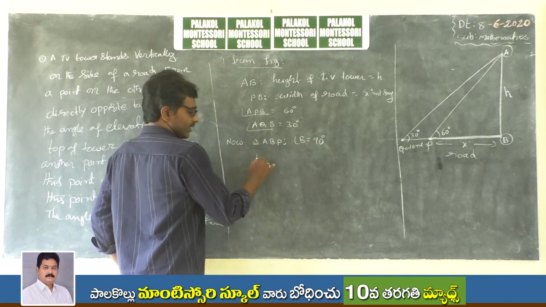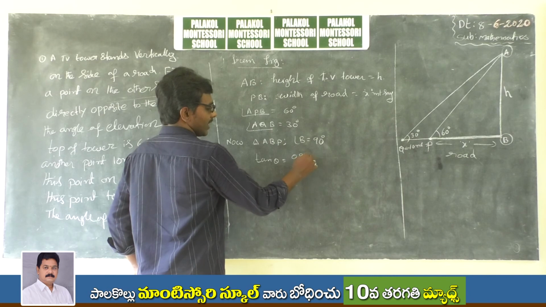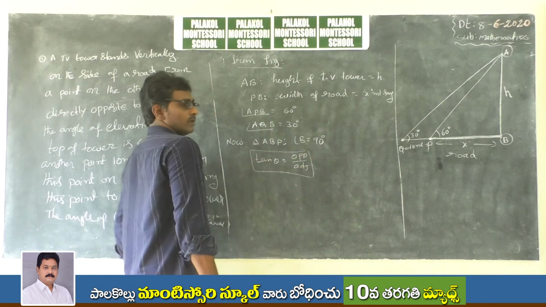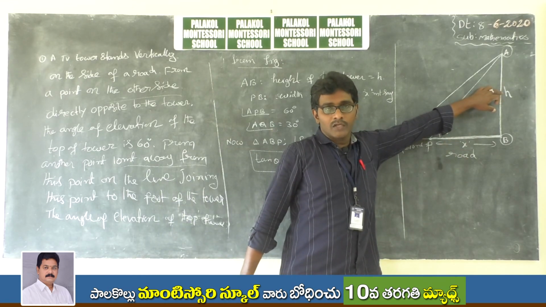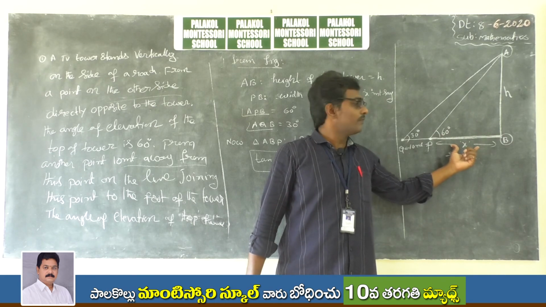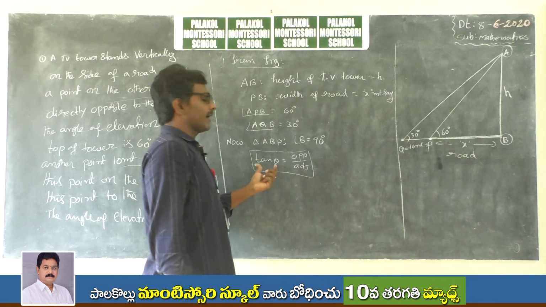So I apply the tan theta formula, opposite side by adjacent side. Why? Because this is the unknown, and we need to find the relation between the two. That's why I take tan theta.